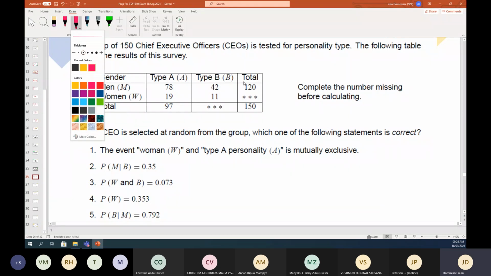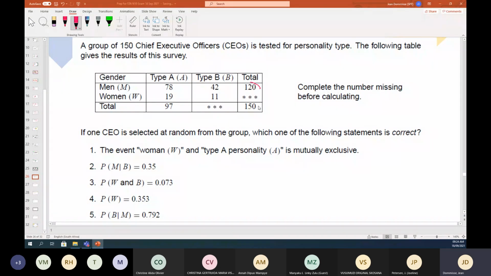If that is 120 and that's 150, that must be 30, because 150 minus 120 is 30, but we could also have said 19 plus 11 gives you the 30.